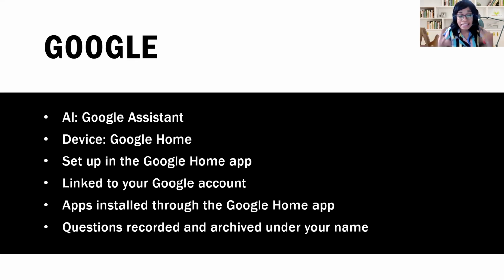The Google Home is linked to your Google account. So again, if you do not have a Google account and you want a Google Home, you're going to have to make that account before you can really do much of your setup with it. Apps are installed through the Google Home app. And again, questions are recorded and archived under your name in connection with your Google account.